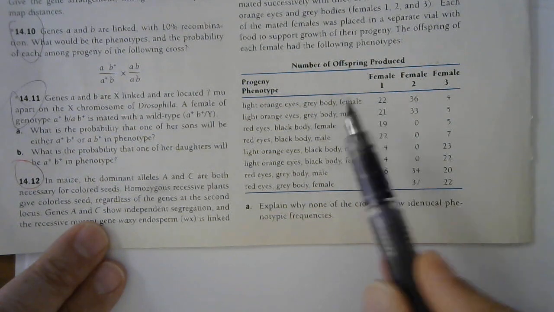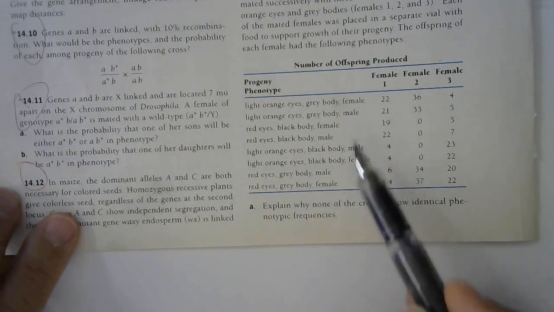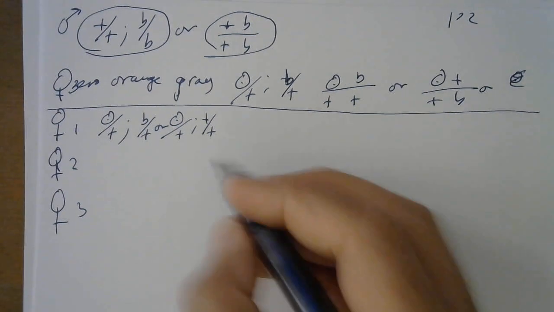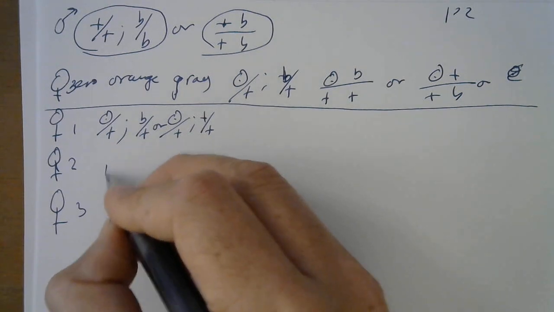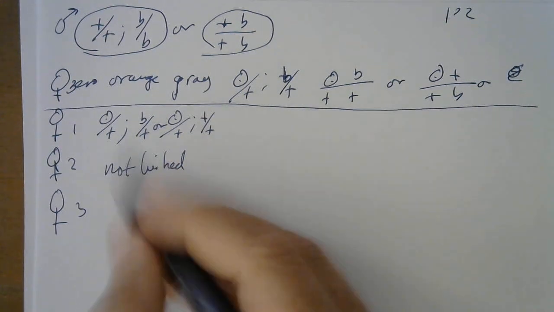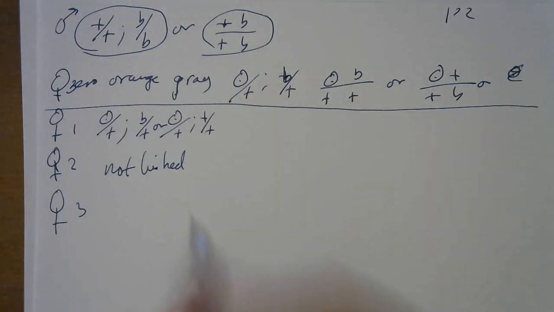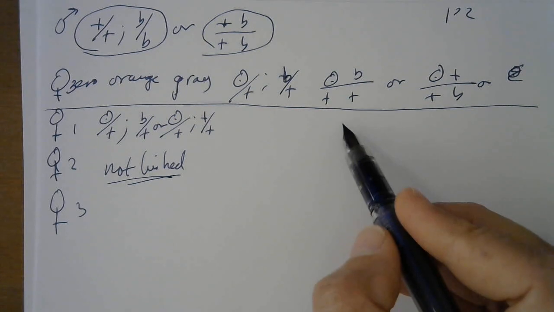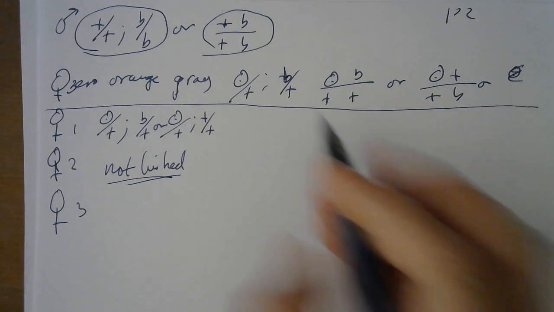So in these matings with one male, we have three different, so right away we're going to rule out linkage. So if we're going to say not linked, because we can only get two kinds of females in that case. If linked, then we have the possibility of three kinds of females.